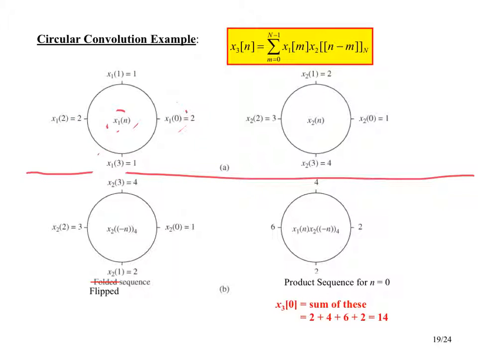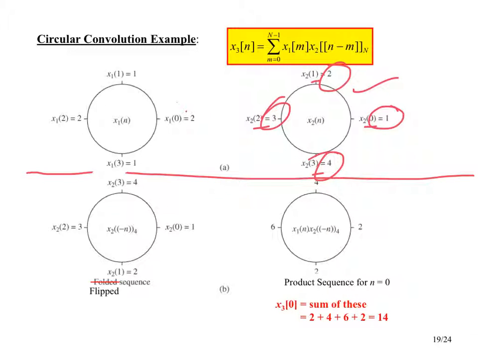So x of 0 is 2, x of 1 is 1, x of 2 is 2, x of 3 is 1. Then over here we have the other signal, also going index 0, 1, 2, 3 in the counterclockwise direction. And to give it some specific values, it's going 1, 2, 3, 4.